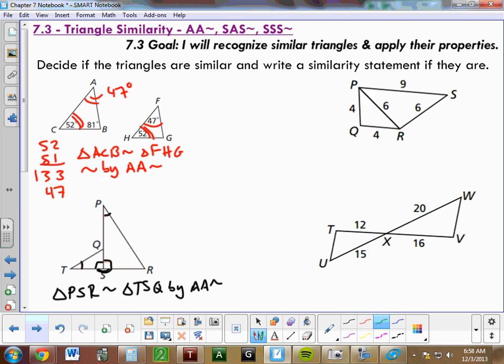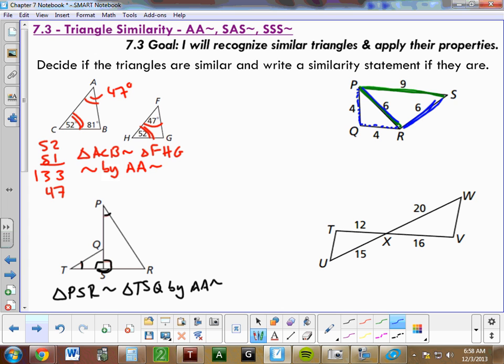If I look at the other two examples that are over here, I've got some sides that should be proportional to each other. Let's check them out. So I'll label and show which sides would be proportional. This side that's 6 is the longest side in that triangle. The longest side in the other triangle is PS, so I'm going to compare those two sides. And then I've got the two medium sides in the larger triangle. So I've got this blue one and this blue one, which should be proportional to the same in the other triangle, which would be this one and this one.